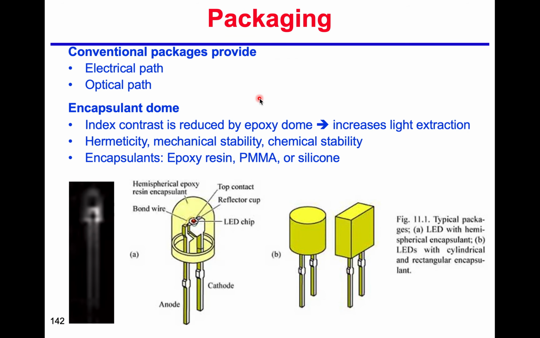So that is a common package we see. Actually, that is epoxy to protect the LED, and actually the LED is pretty small, maybe 100 micron or so. And we have the cathode, and we have the anode, and we have the epoxy, and that provides the electrical path and optical path.